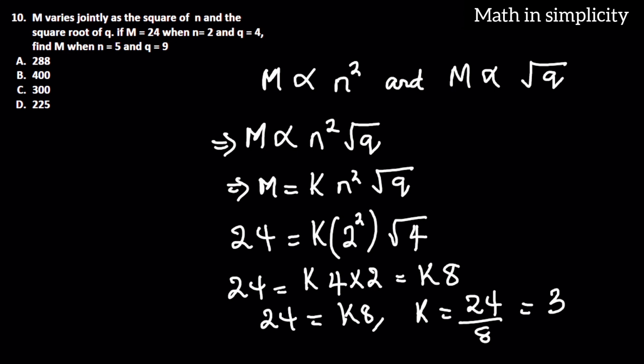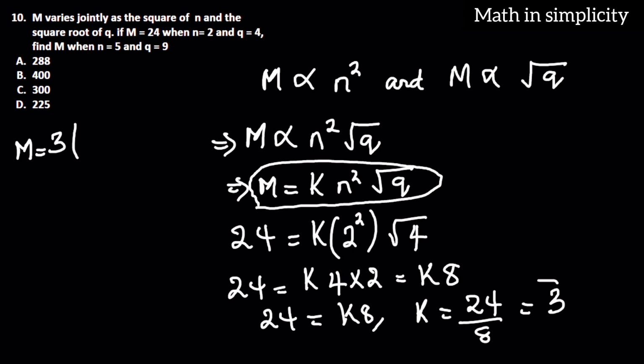Now let's simplify the question. Now looking for m. So what is m when n is 5 and q is 9? So this is the formula we need to continue solving. So remember that m is always equal to the constant of proportionality times n squared times the square root of q. So m will be equal to, what's the constant of proportionality now? We have it as 3.